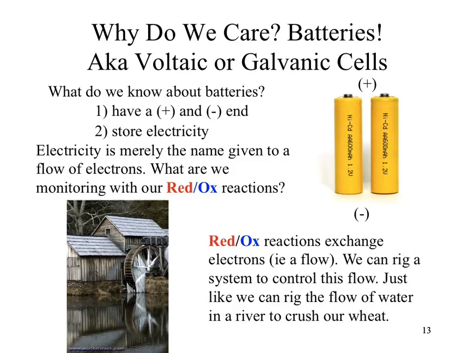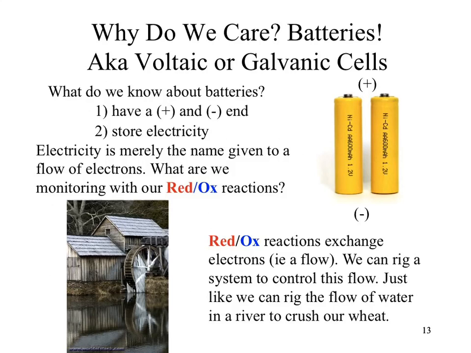Okay, so the comparison I'm going to keep coming back to would be kind of an ancient example. We've seen the flow of things before in our past. We looked at the flow of water, okay, rivers. We used the energy stored as the water runs from the mountains down to the ocean. We can take advantage of that energy by converting it into mechanical energy using a water wheel.